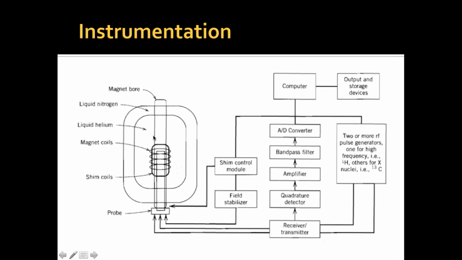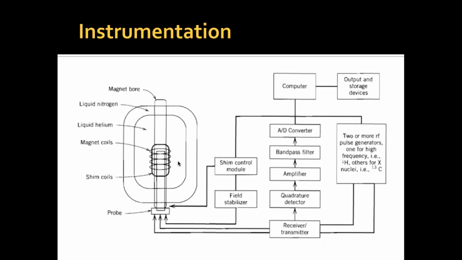When you start the magnetic field, the temperature gets higher inside the NMR machine, so that's why we have liquid nitrogen as well as liquid helium to cool down the temperature. Then there is the shimming coil to place the sample properly in the magnetic field. Once you have the shimming properly, you start to receive the signals, and then you have the amplifier and filter.